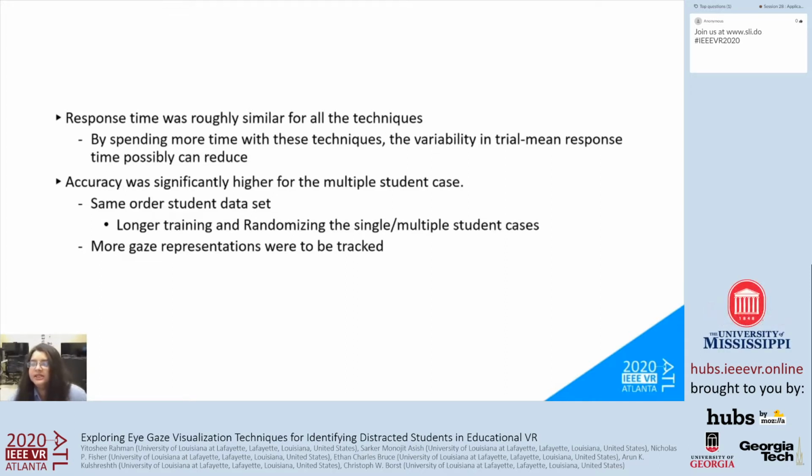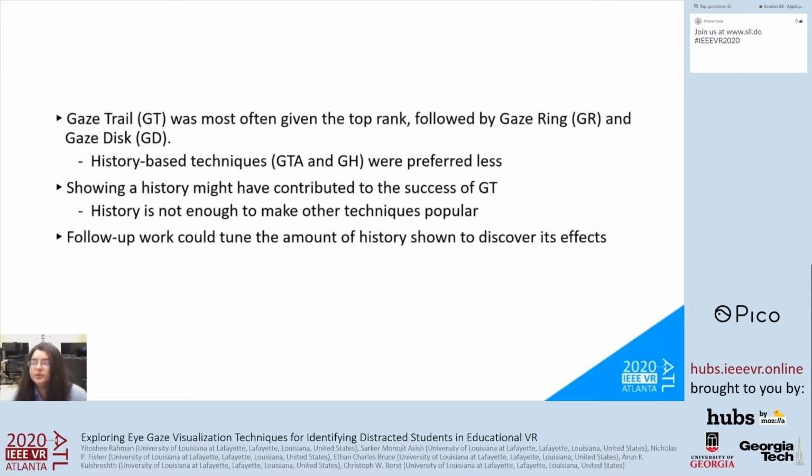Thus, they could have learned to use these techniques better for multiple student cases, even though there was a training phase. Another possibility is that in the case of multiple students, there were more gaze representations to be tracked. So if they were accurate in detecting any one of the student distractions, the system marked that as accurate. Gaze trail was most often given the top rank, followed by gaze ring and gaze disc.